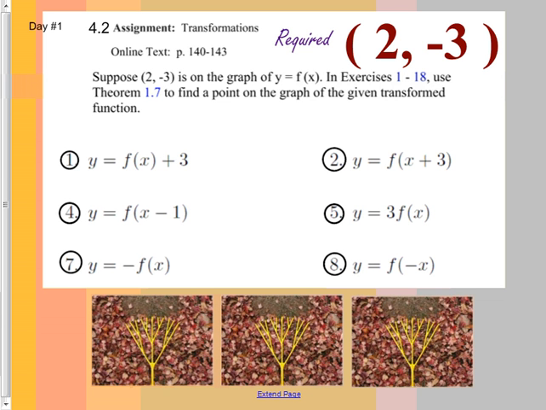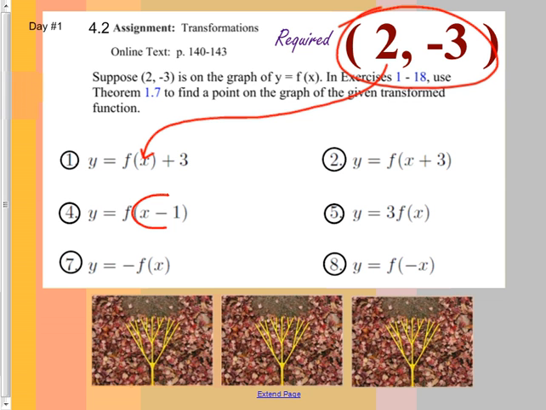Okay. So number 1. This has this point right here, 2 comma negative 3, and we're going to move that point in several different ways. F of x, well, this is the x, goes right there. And so I'd say x is 2.